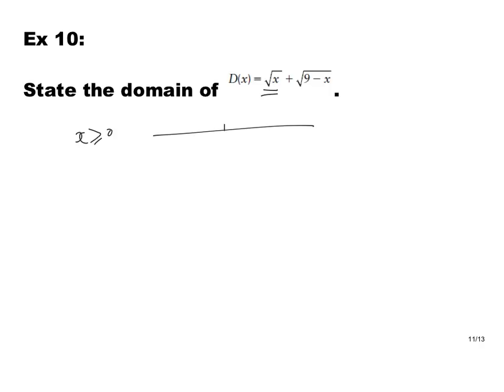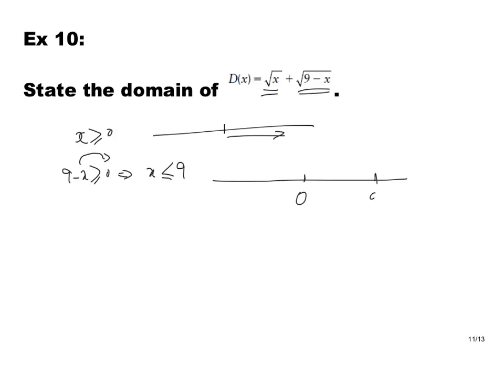This means on a number line, if this is 0, every value to the right of the origin. The second part of the function tells us that 9 minus x has to be greater than or equal to 0. If I move negative x to the right, I get x has to be less than or equal to 9. This means that if I draw the number line, and this is the origin, and this is 9, everything to the left of number 9 is the answer.